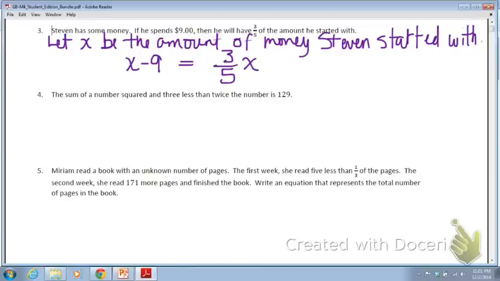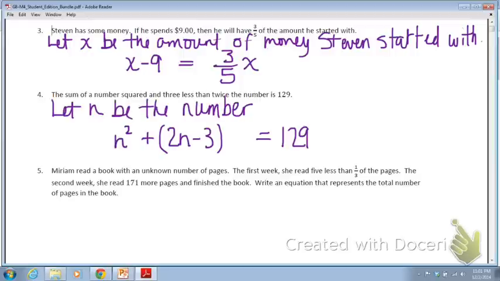Okay, number 4. Number 4 says the sum of a number squared and 3 less than twice the number is 129. So we have a number. That's our unknown. So we're going to let n be the number.